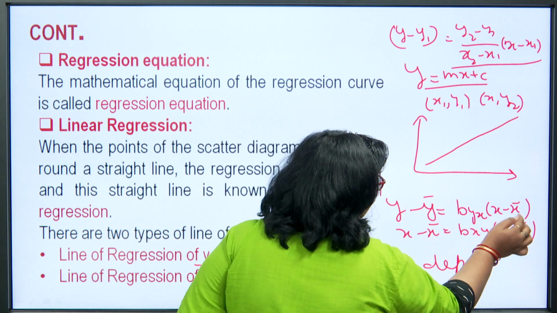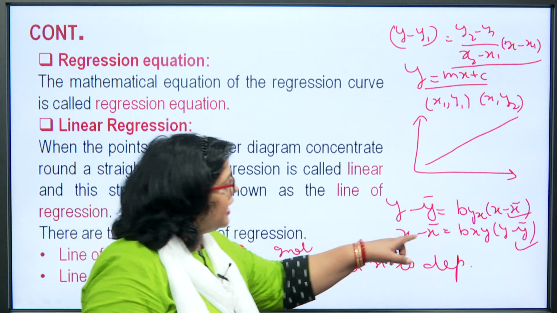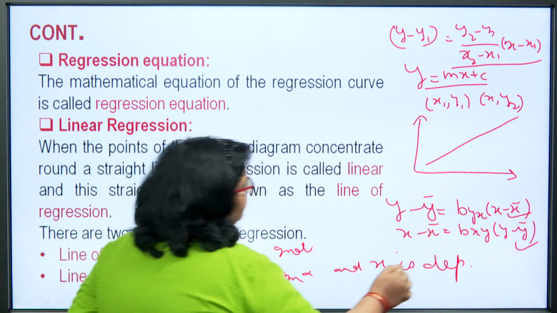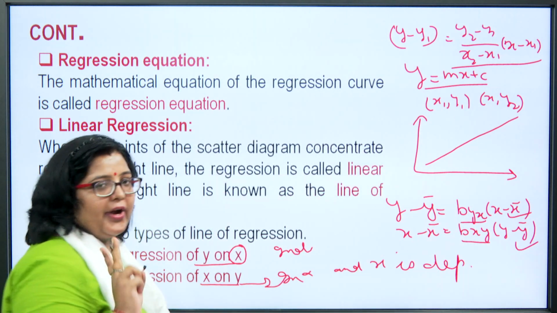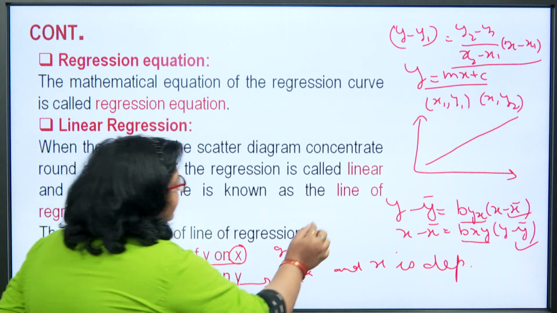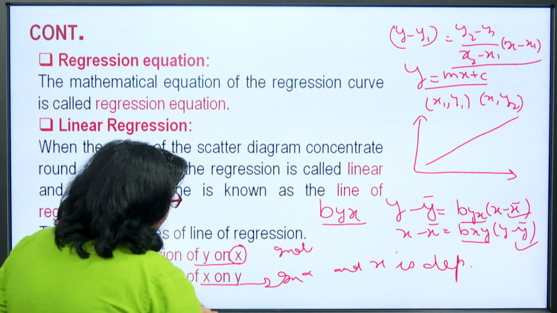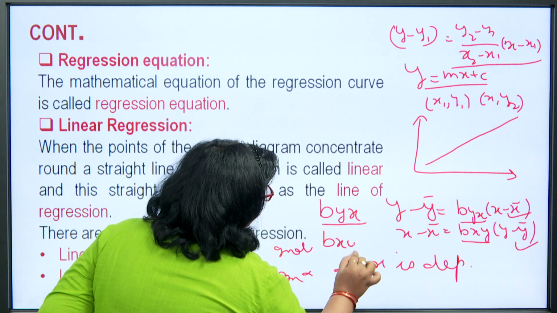In a similar way, this is also a line of equation, y minus y bar is equal to b y x times x minus x bar. Always remember that if we study y on x, the regression coefficient is b y x, and when x on y, it is b x y.